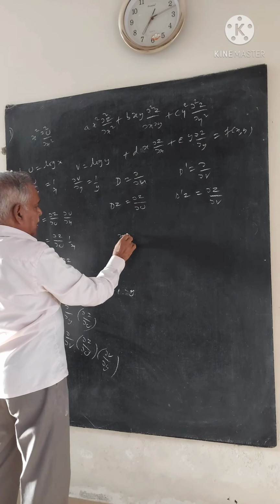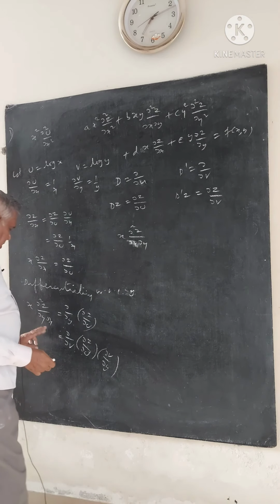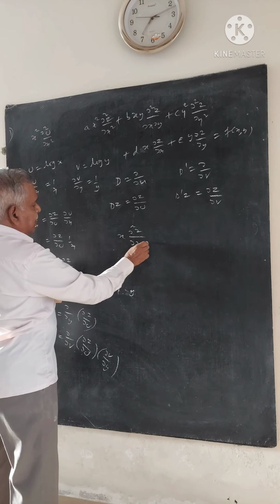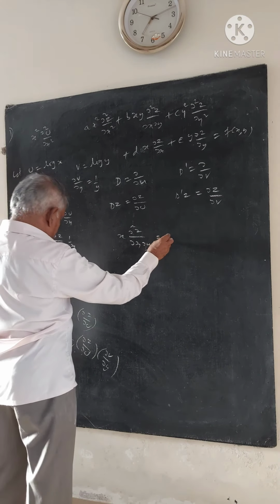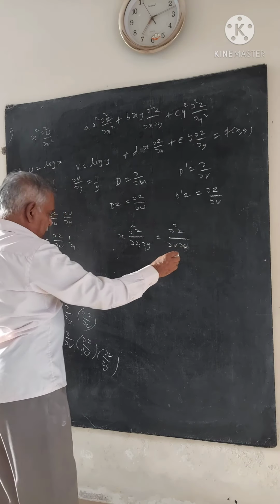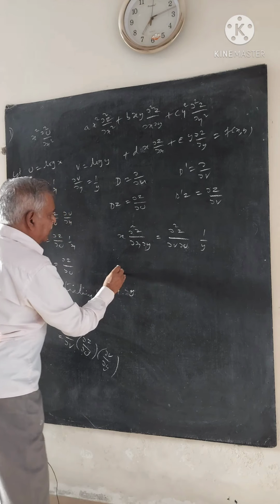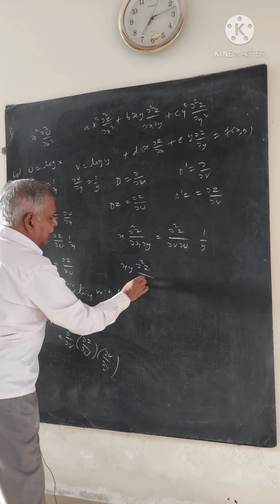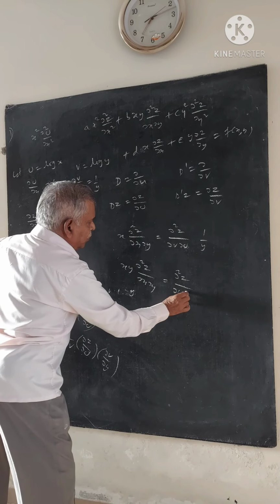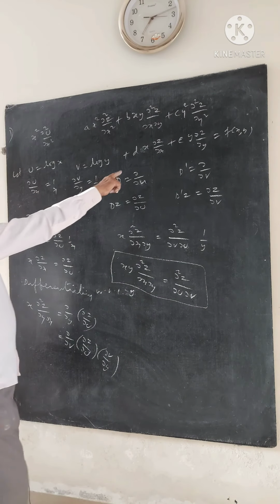Here I am writing x ∂²z/∂x∂y in order, equal to ∂²z/∂v∂u into 1/y. Multiplying by y, xy ∂²z/∂x∂y equals ∂²z/∂u∂v. This is also an important step. We are going to apply it for this.